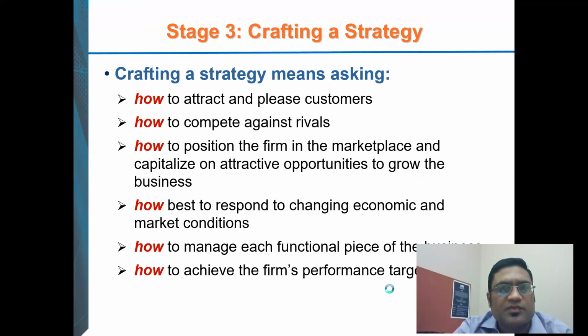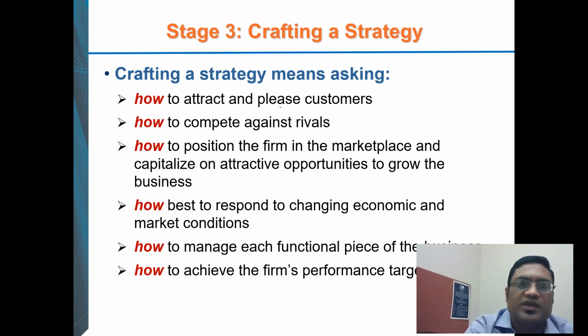So, crafting a strategy based on the objectives. You have the mission and the vision, and then based on that, you have a strategy. When you break down the vision, you come up with objectives, and when you have the objectives, you have a strategy for that. If you want to increase customer satisfaction, then you want to find out how you can please customers.